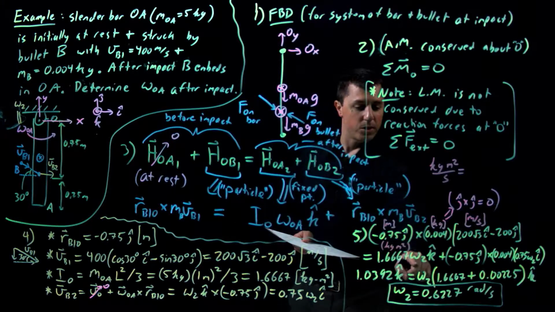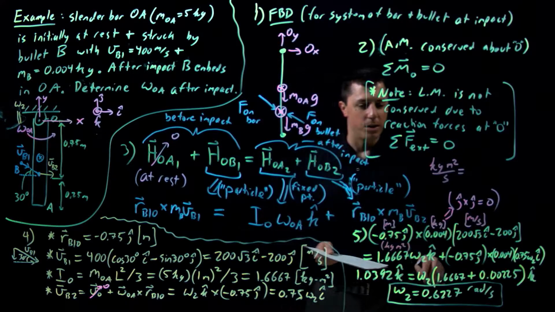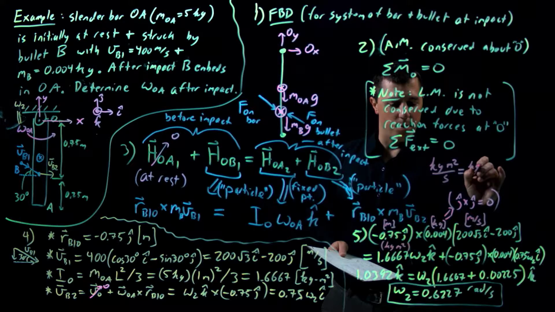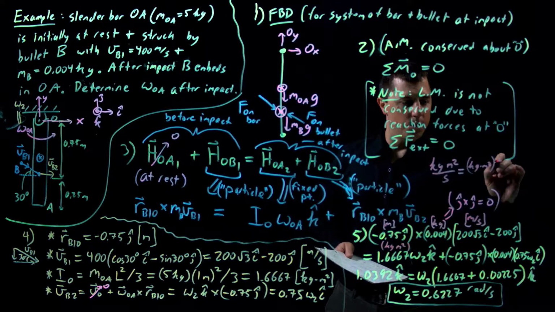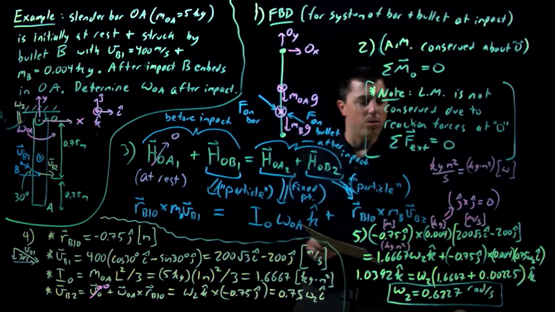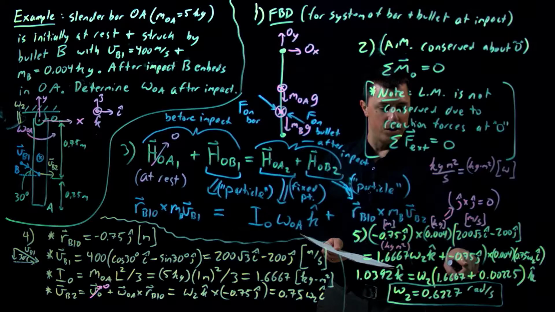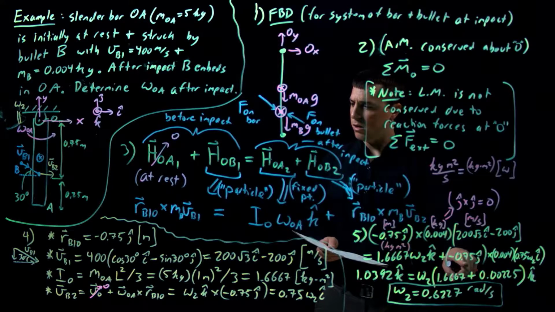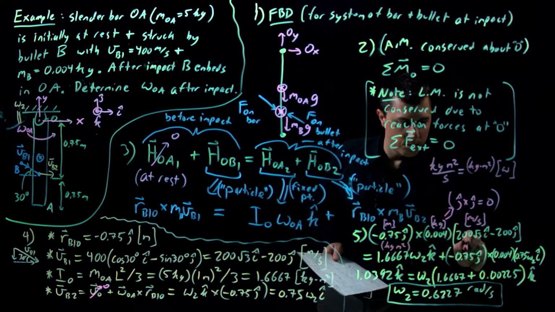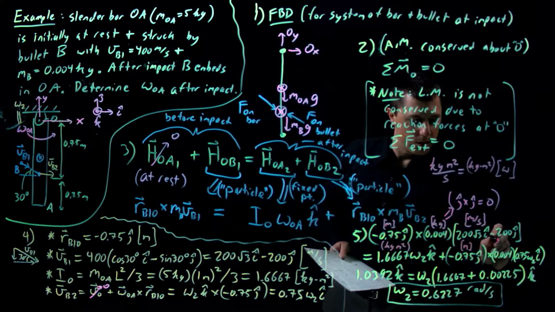And then we have an omega 2. That's what we're solving for. So it would be kilogram meter squared times the units of omega. Just checking our work here. We can also check the second term, right? What's out front here is a meter. This is a kilogram.